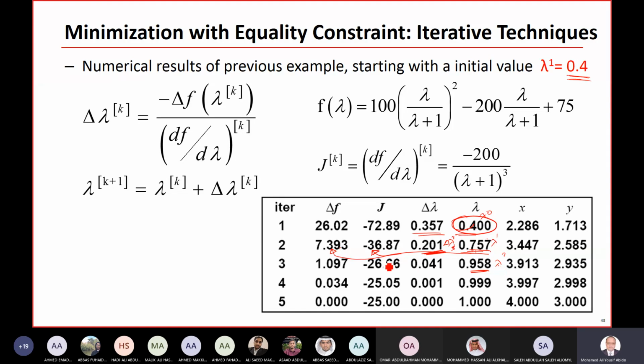With this lambda 2, you get the function, you get the derivative, you get delta lambda 2, and you add it and get lambda 3. As you can see, we approach the best solution, which is 1. We start with 0.4, and after 3-4 iterations we end up with lambda approximately equal to 1.